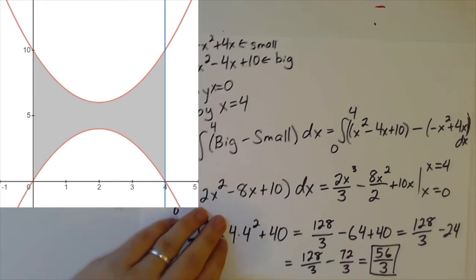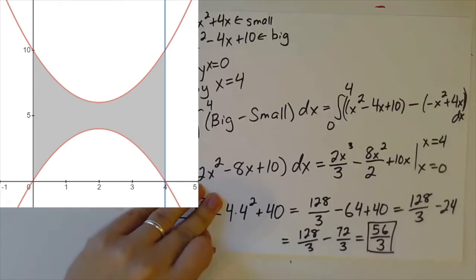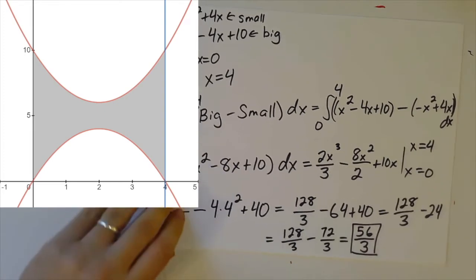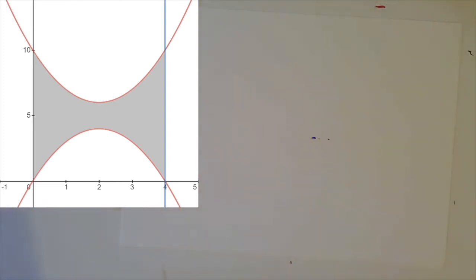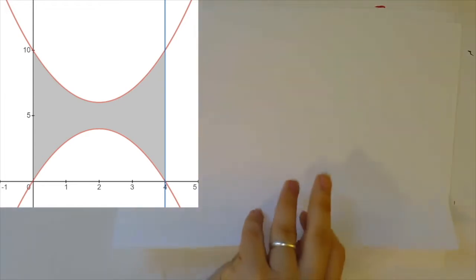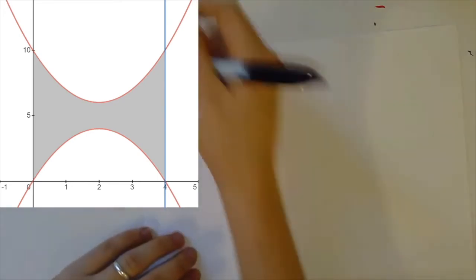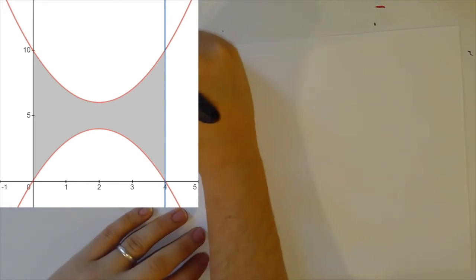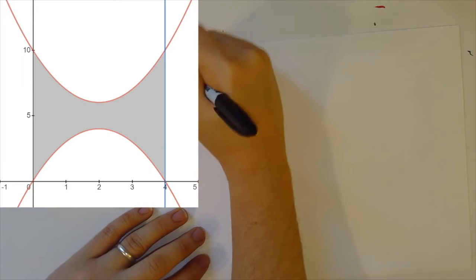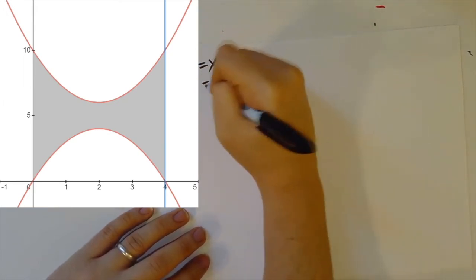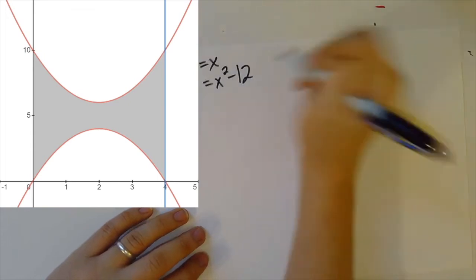Okay, let's do one more example of doing this. So, namely, let's say we're now looking at the function f of x equals x, and g of x equals x squared minus 12.